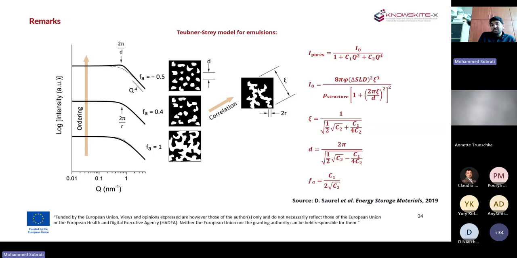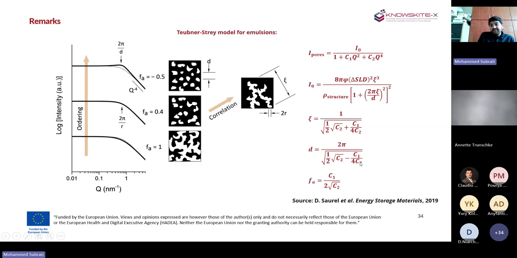So this is the Teubner-Strey model for emulsions, which is recently being heavily used to characterize porous materials using SAXS. As you can see, the scattering intensity from the pores is a function of xi, the interpore correlation parameter, and d, the interpore distance.